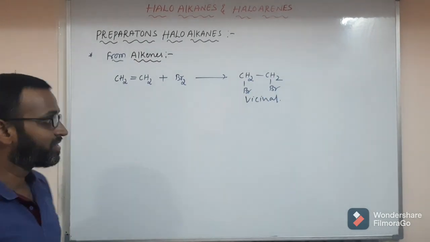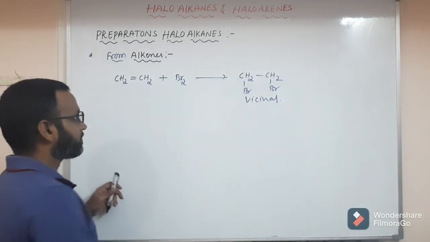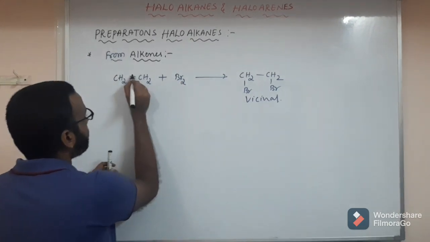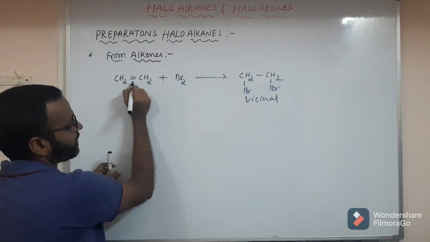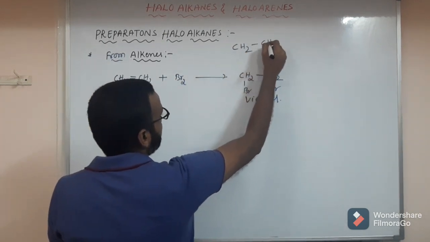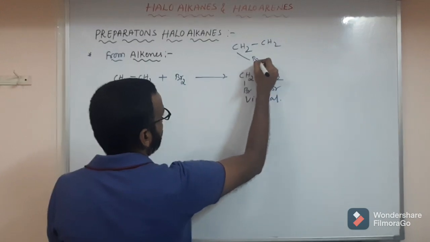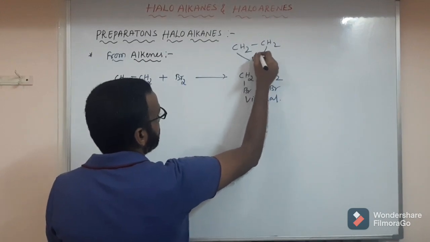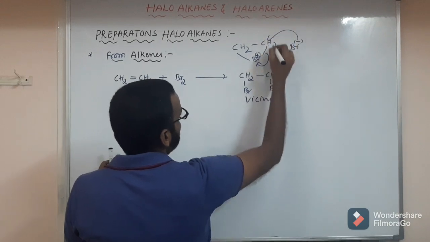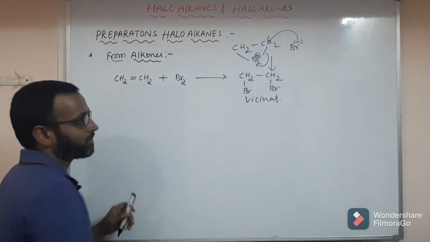This is called vicinal dihalide. Definitely bromine will substitute by breaking of this double bond, by formation of an intermediate like this, Br plus comes over here, and one more Br minus will add on this, so that you will have this vicinal.